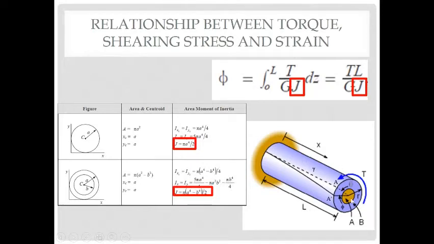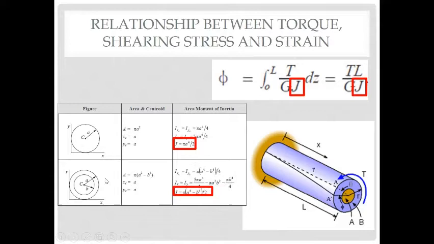What if you have a hollow section like this shown here? All you need to do at that point is find J for the assuming you have a solid section, right? And then find J for this inner part, which is hollow, and subtract that from what you have for the outer part.